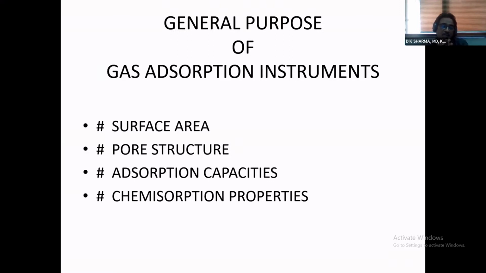So how much a particular material will adsorb can be found out from a gas adsorption experiment. And some chemical properties related phenomena like chemisorption and other things.